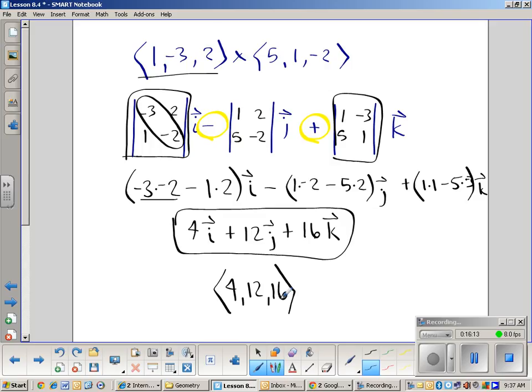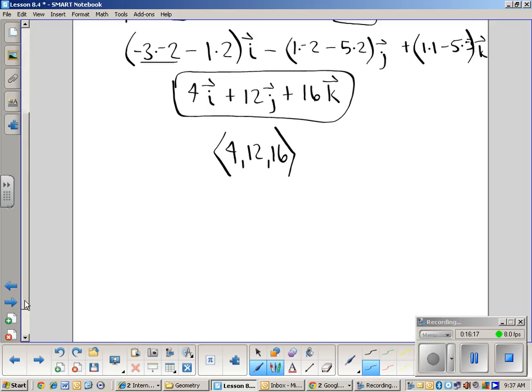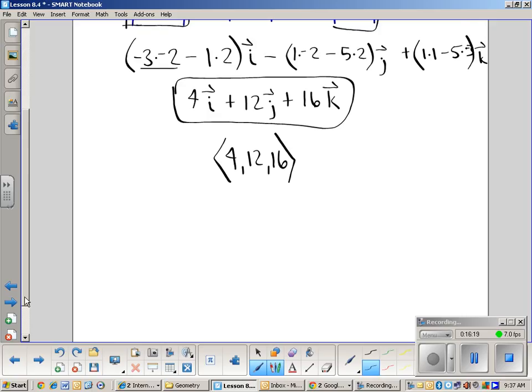And they might give you a vector and say, show that this is a cross product of these other two vectors. Does that sound scary? So we're working backwards? Kind of. We're working backwards in concept. What did I tell you this represents? A perpendicular vector.